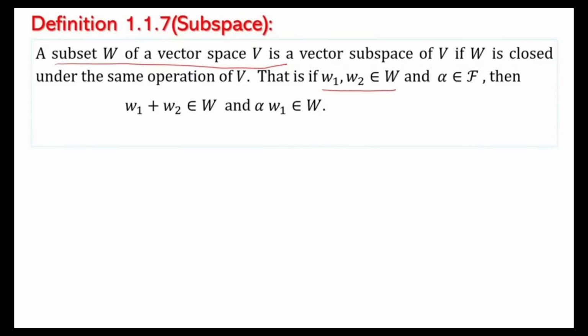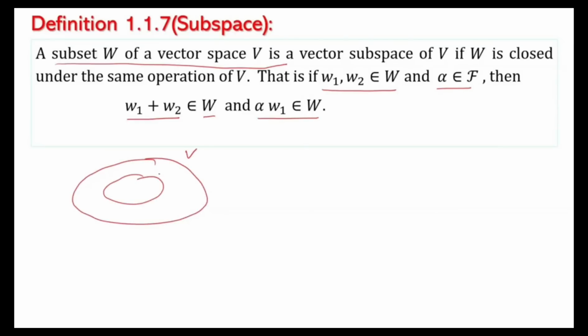That is, if W1, W2 belong to W and alpha belongs to F, then W1 plus W2 should belong to W and alpha W1 belongs to W. You may think that it is obvious, but it is not obviously true. For example, if you have this is V and this is W, now you take W1 here and W2.